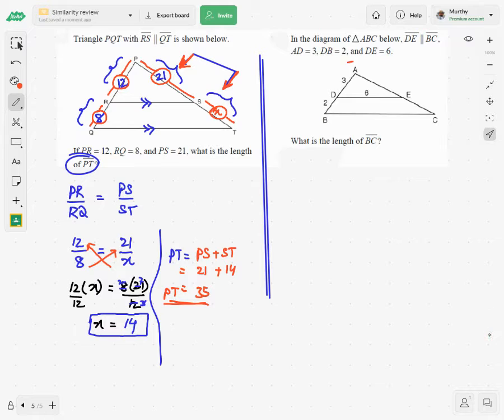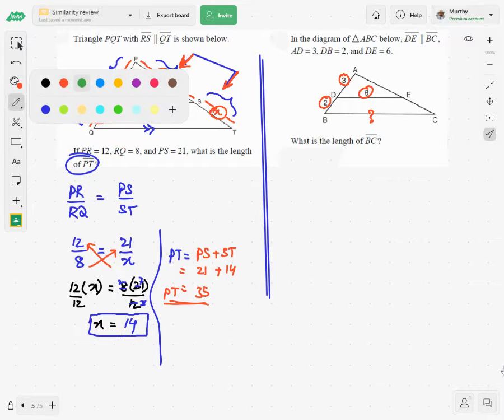Now, the next question seems to be exactly the same as the previous one, but it is different. How? Once again, the upper segment value is given and the lower segment value is given. And one of the sides of small triangle ADE is given, and here BC is missing.